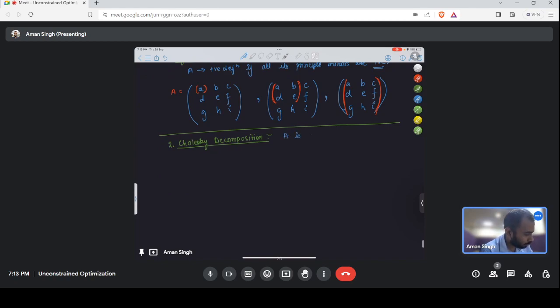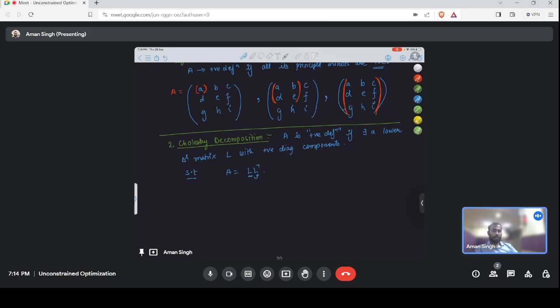A is positive definite if there exists a lower triangular matrix L with positive diagonal components such that A is equal to L L transpose.